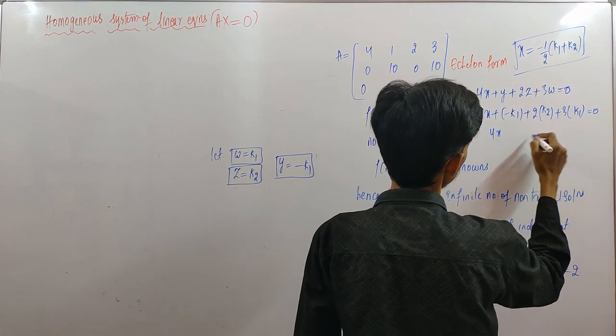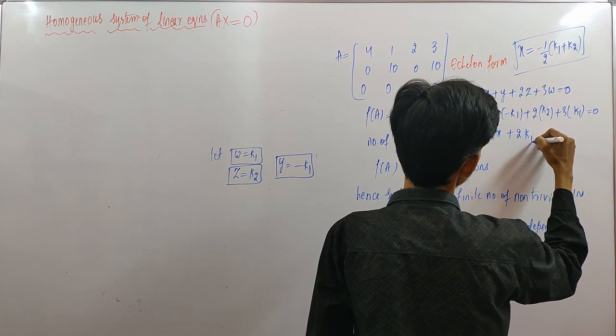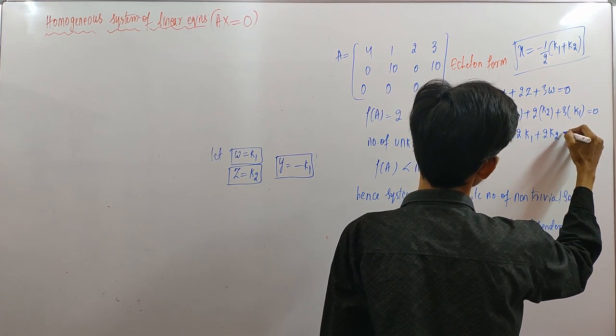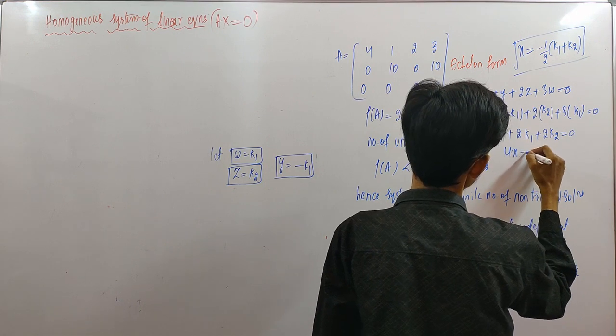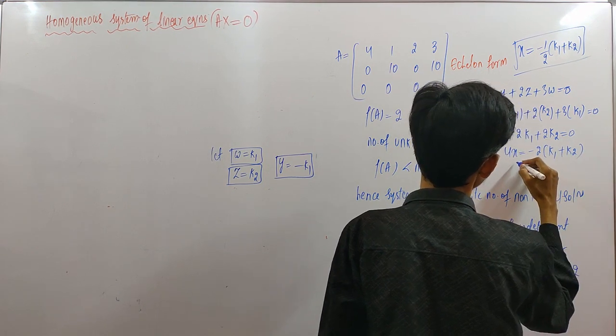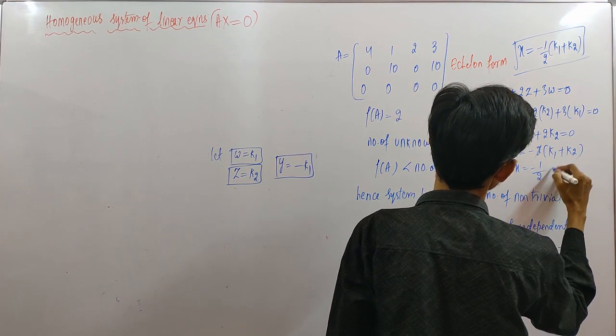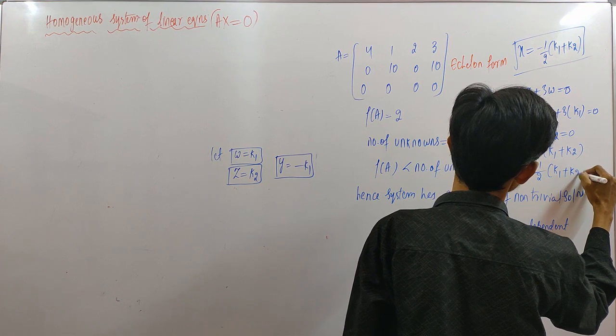Now 4x, here we have 3k1 minus k1, 2k1, plus 2k2 equal to 0. 4x is equal to minus 2 times k1 plus k2. So the x value will be minus 1 by 2 into k1 plus k2.